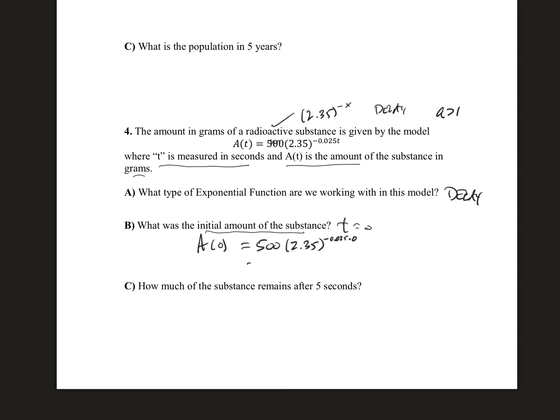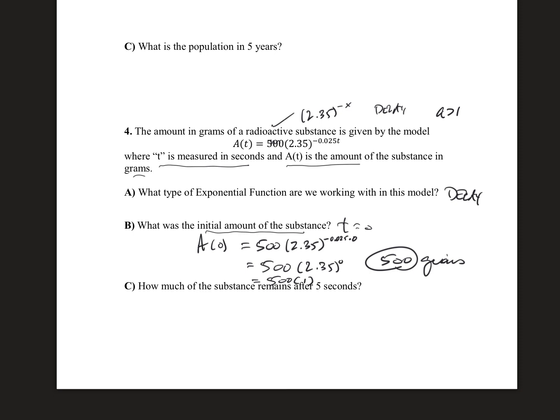Well, anything times 0 is 0. Anything to the 0 power is 1. And so we get 500. So there were 500 grams when this model started, or when this substance was made. So there's your initial amount.